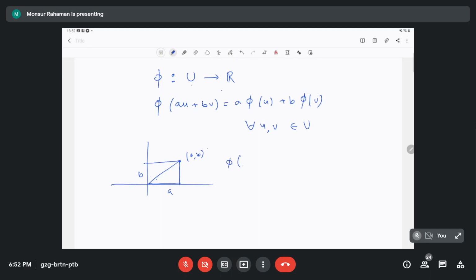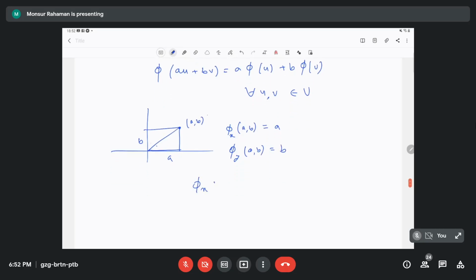If I project that vector, let's call it phi1, because it is the first axis, or you can call it phi x, it sends (a, b) to a, and phi y sends (a, b) to b. These are functions from R2 to R. These are examples of linear functionals.